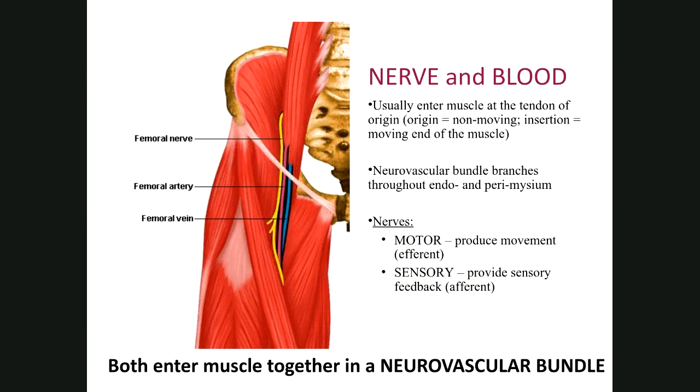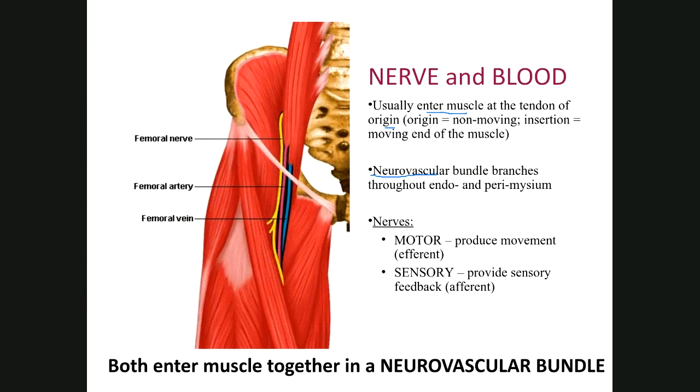When we talk about the entry of nerve and blood into our muscles, they usually enter the muscle at the tendon origin. We'll learn that there's an origin and an insertion in the muscles, and the entry of this group is called a neurovascular bundle, which allows the nerves and the vessels to enter the muscle tissue.